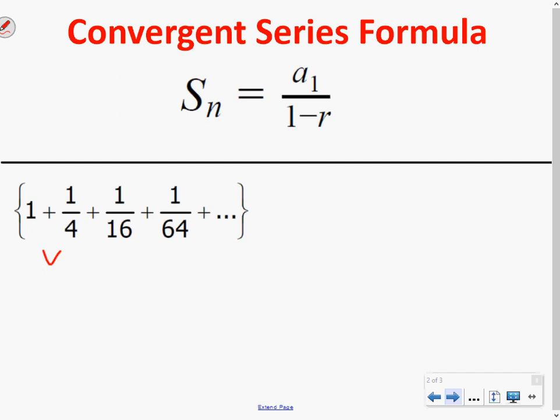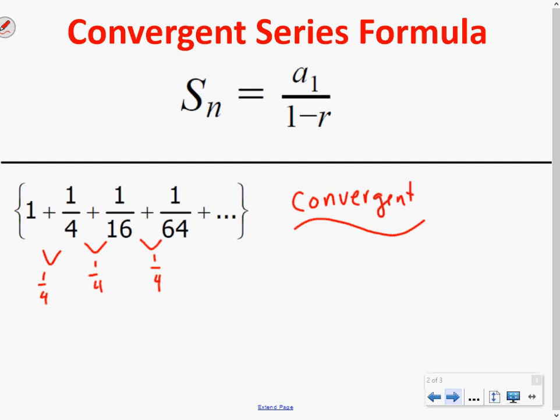Well, I multiply by a fourth, a fourth, a fourth. So yeah, our ratio is less than 1. That means that I will have a convergent geometric series.